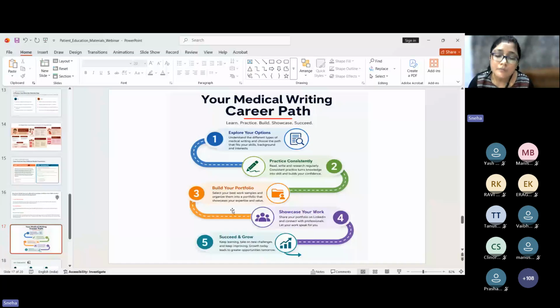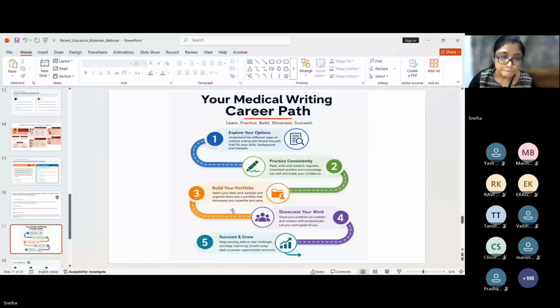You can email the medical communication organizations. You can mail the giant pharmaceuticals like Cipla and GSK. They keep hiring medical writers. If they have any opening, they will surely contact you. That is how you succeed and grow in this field.